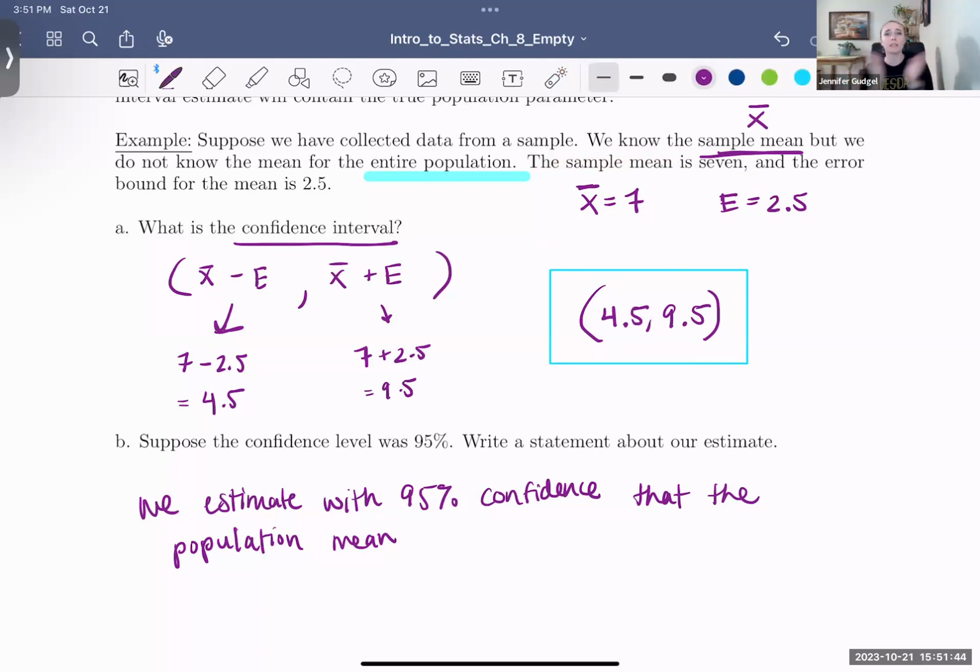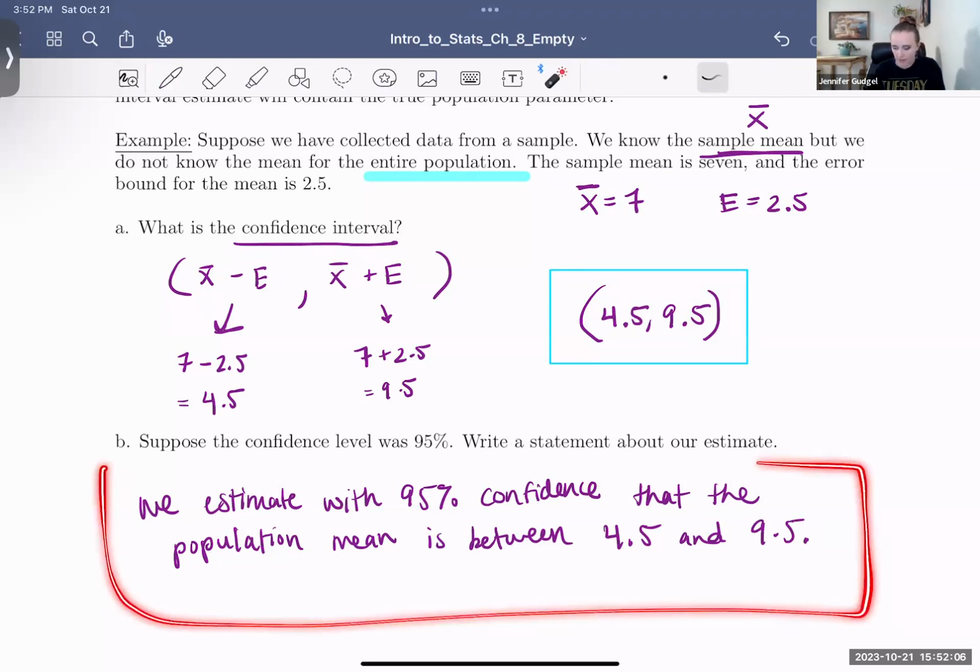I use the sample mean to build an estimate for the population mean. We estimate with 95% confidence that the population mean is between 4.5 and 9.5. All right, that's just a nice generic way to write that statement.